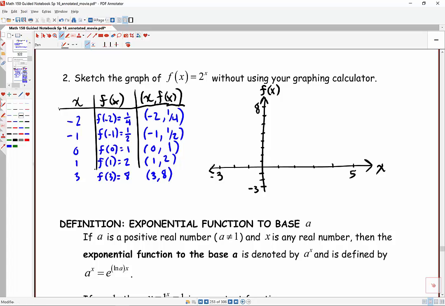Awesome. All right, so now let's go ahead and plot these ordered pairs. This one's going to be real close to here. This will be a little more up. But then we'll be at (0, 1), and then at (1, 2), and (3, 8) is about there.